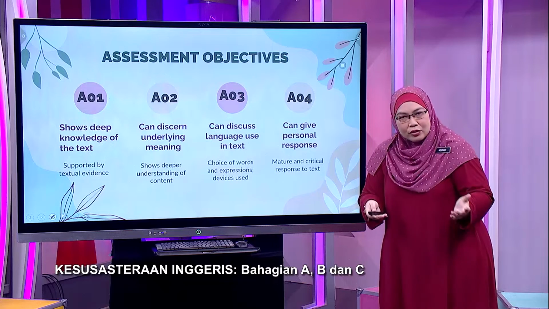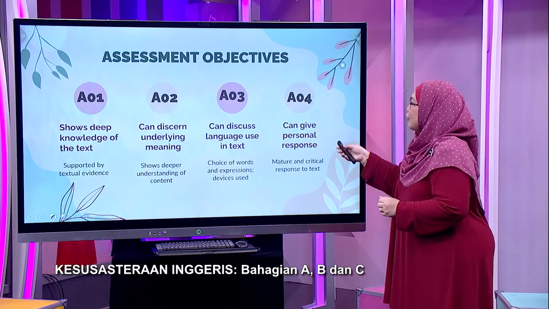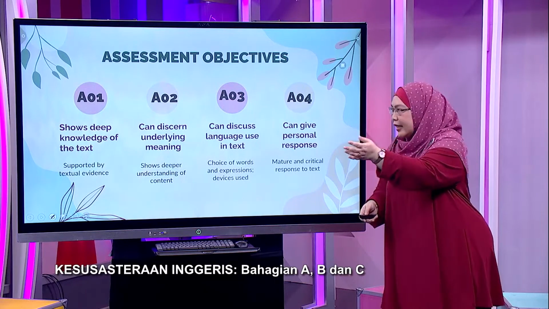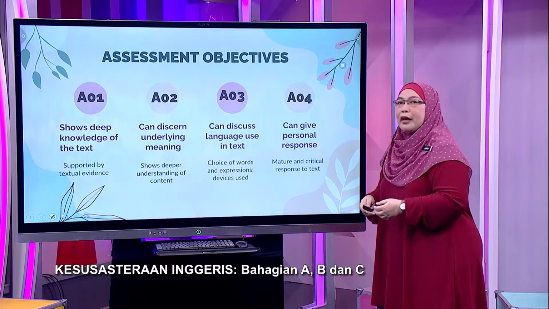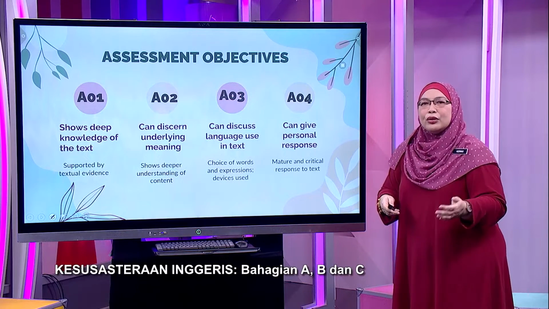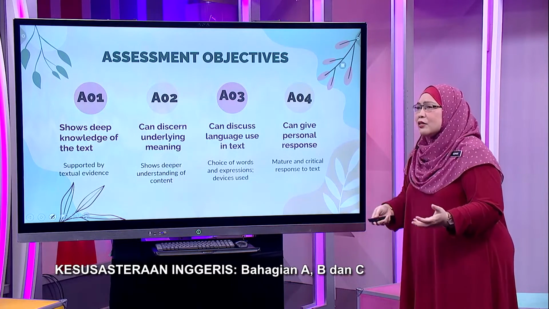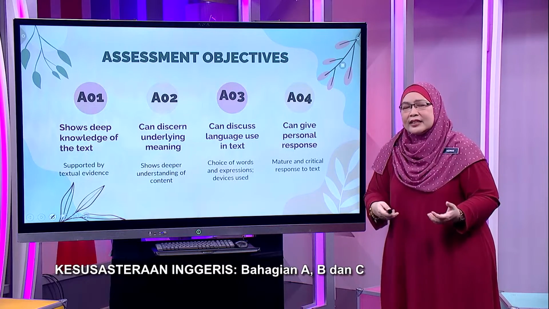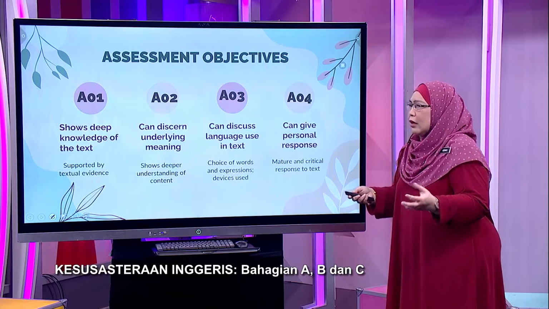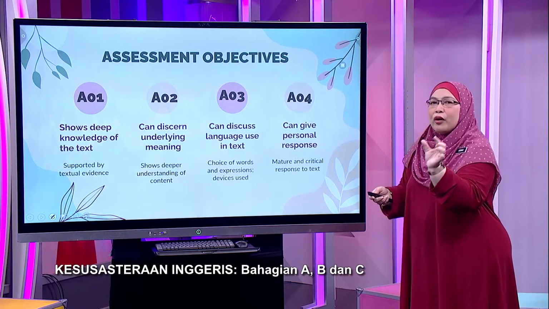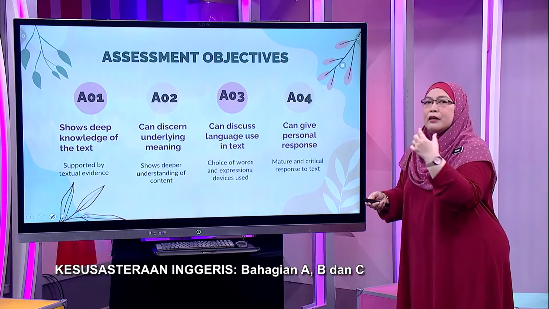AO3 is assessment objective 3. Can you, the candidate, show that you are able to discuss effective use of language in the text? Choice of words, choice of poetic devices, how does it make the text more important, emotionally appealing?